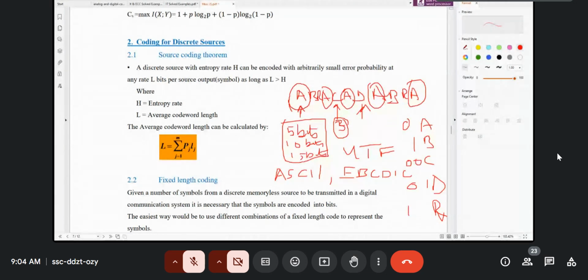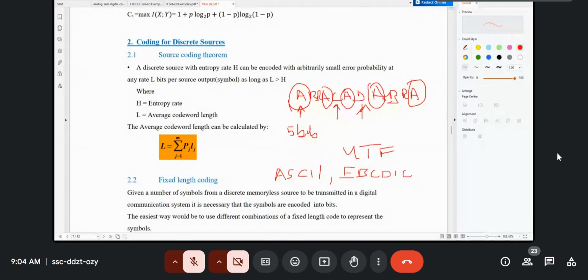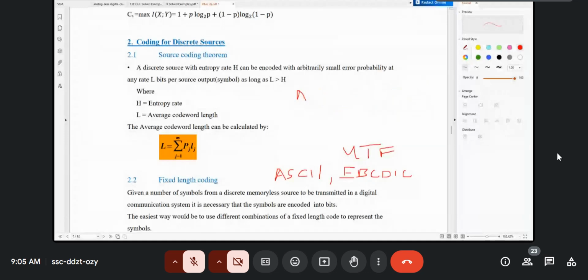And you can see in this case, actually, let me remove all these so that we can do some math here.